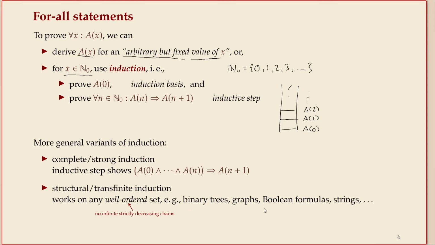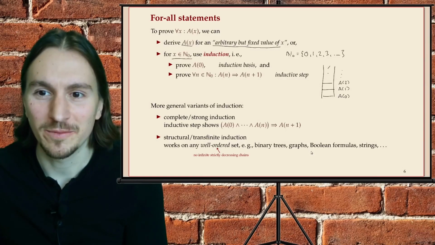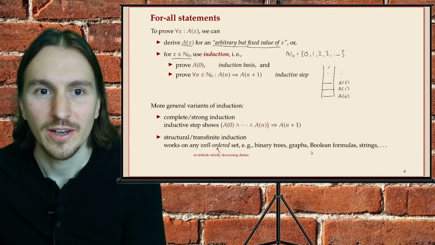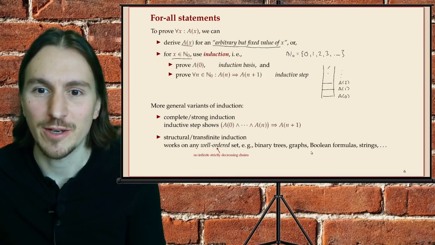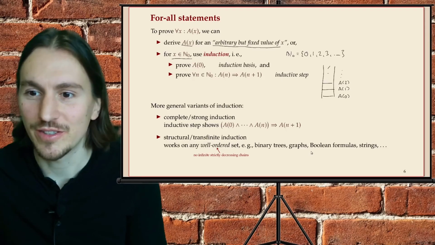We won't make massive use of this, but it's worth mentioning at this point. Now, you will see in the tutorials another example of how to use inductive proofs. You might have seen classical examples like this in discrete mathematics classes. You will have some chance to practice this a little bit.